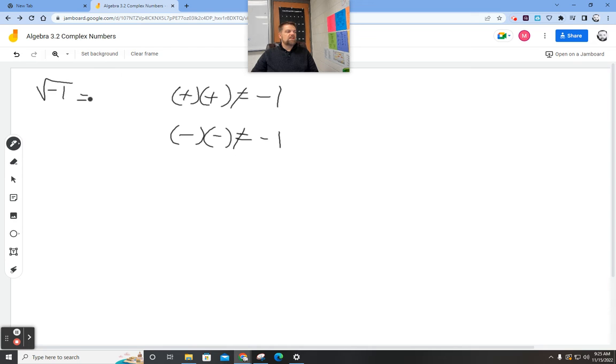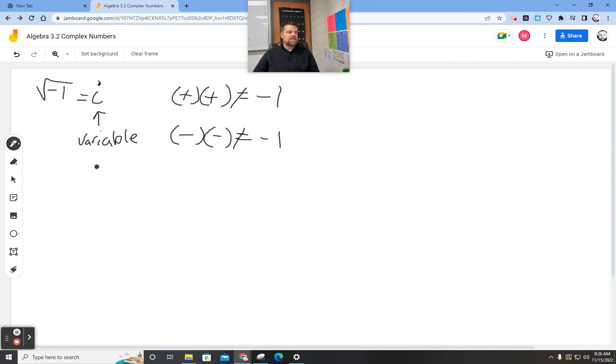So I create a number and I say it's an imaginary number. The imaginary number i represents the square root of -1, and you got to treat this like a variable in a sense. Like you treat it like it's x when we do a bunch of algebra with it.